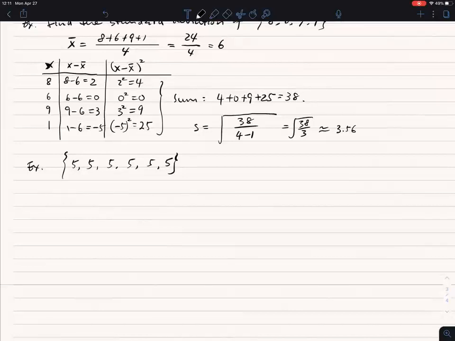What is the mean of the data set? Do you have to compute? In this data set, every value is 5. Do you have to add all the 5s and divide by 6? Tell me, are you going to do that?